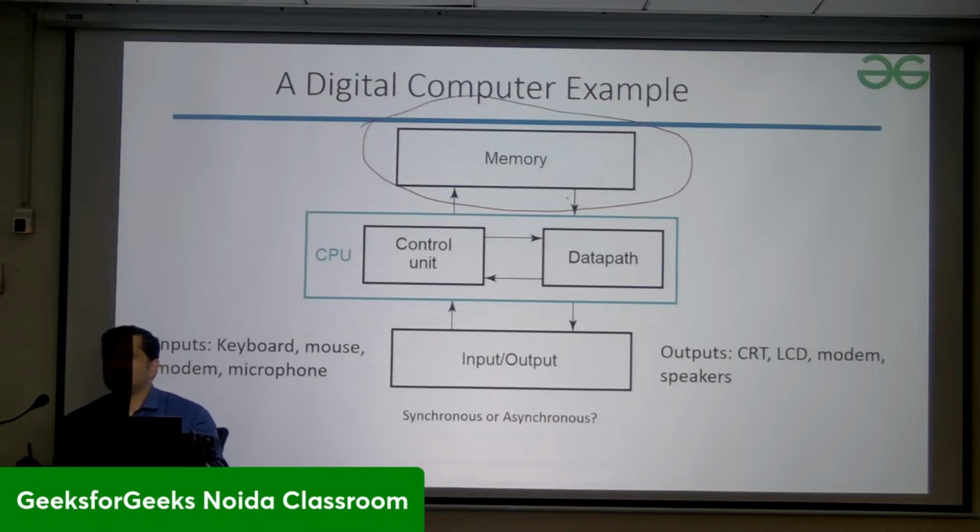Memory is completely outside the CPU. That means the central processing unit is simply having the microprocessor. Microcontrollers are having inbuilt memory. Microcontrollers, mostly almost all microcontrollers that you have heard about has its own memory.